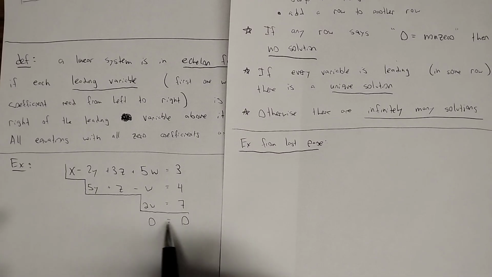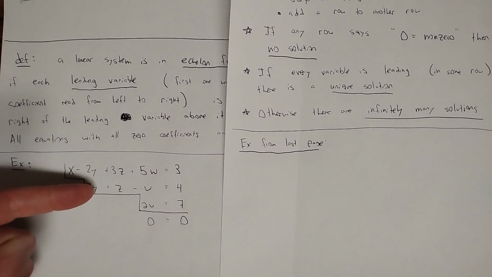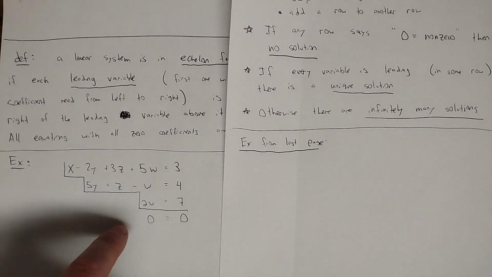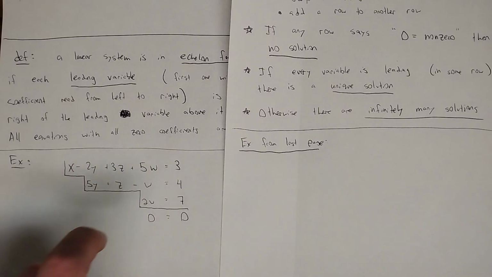I do have an all zero row, but that just says 0 equals 0, so I can ignore it. And so let's check the leading variables. X is leading up here, Y is leading up here, Z is not leading anywhere, W is leading here. But so it's not the case that every variable is leading in a row. Z is not leading in any row.